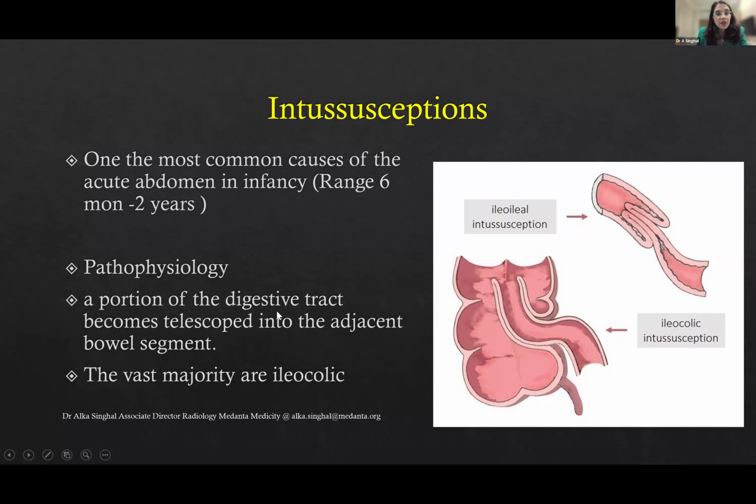And what happens is a portion of the GIT becomes telescoped into the adjacent bowel segment. So there is an advancing segment, there is a coming out segment. The vast majority are ileocolic.